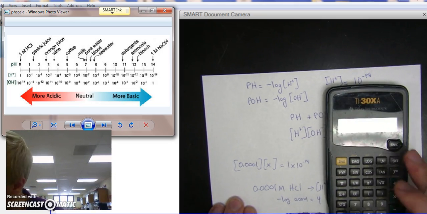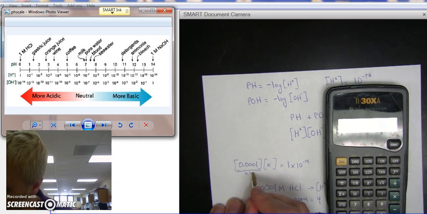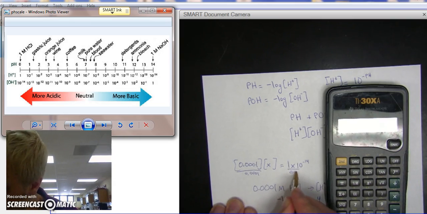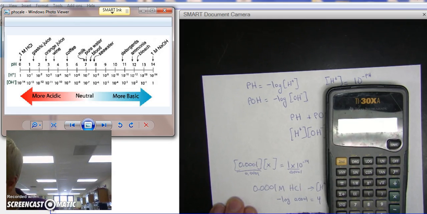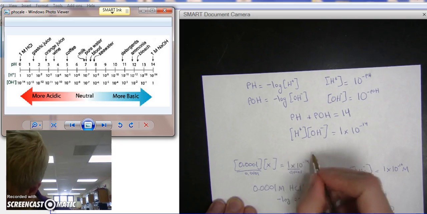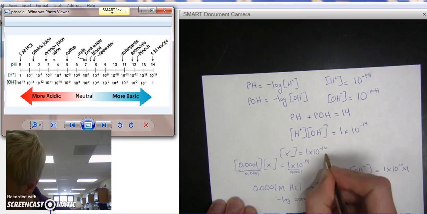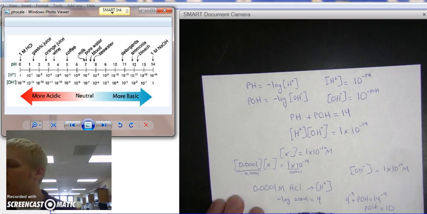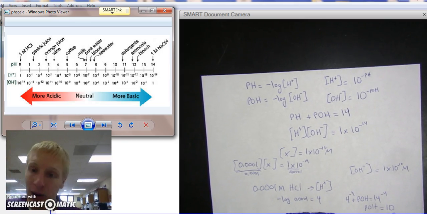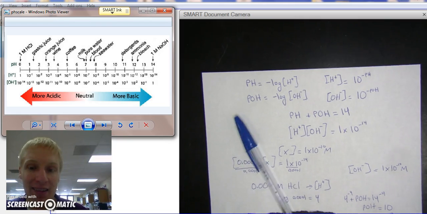So ultimately I'm going to divide both sides by 0.0001, 1e negative 14 divided by 0.0001 gives me 1 times 10 to the negative 10 molar, which is what I found the other way. Either way works. Whatever works best for you is the one I would suggest using. And that's pH conversions.